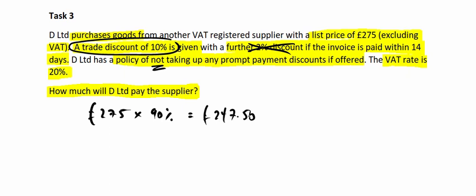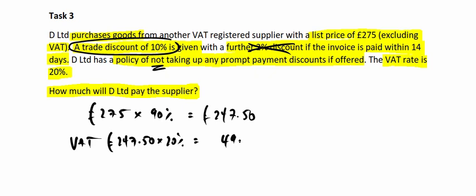That's the discounted net value after the trade discount, but they will then pay VAT on that. And at £247.50, just remember that you'll pay VAT on the discounted value after the trade discount, but not after the settlement discount, because at the point of invoice we don't know whether they're going to take that up.